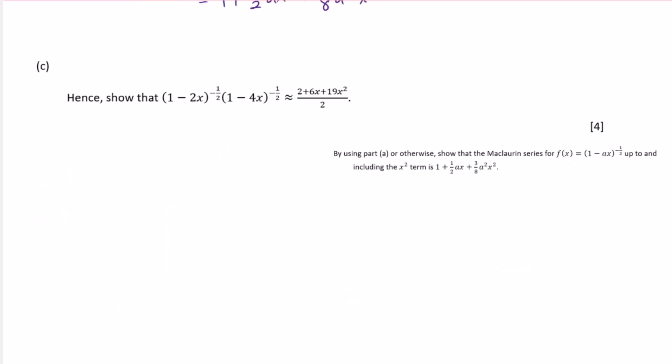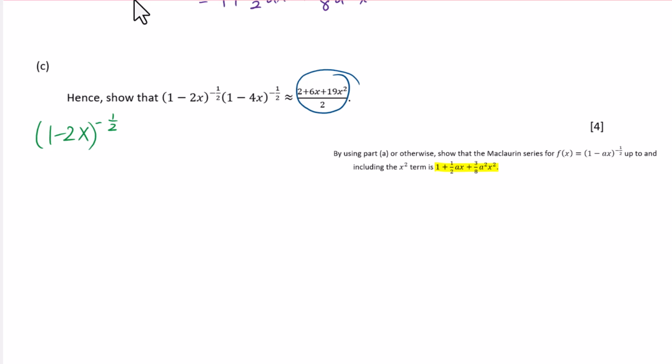Let's go to C. Hence, show that 1 minus 2x to the power of negative 1/2 times 1 minus 4x to the power of negative 1/2 equals this. We will use this conclusion from B. 1 minus 2x to the power of negative 1/2.